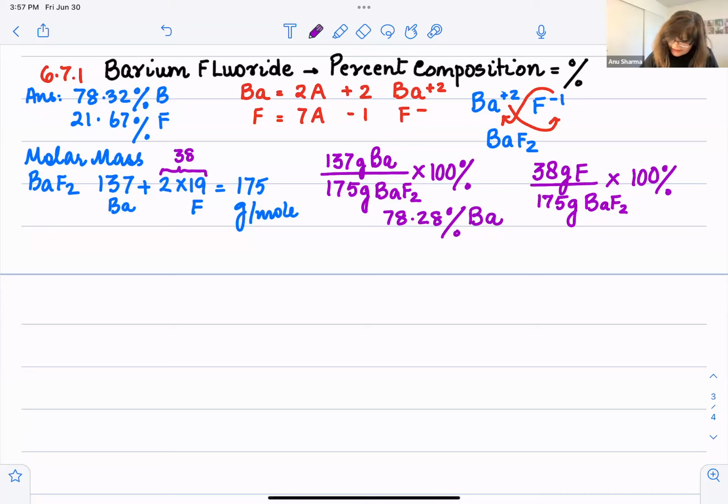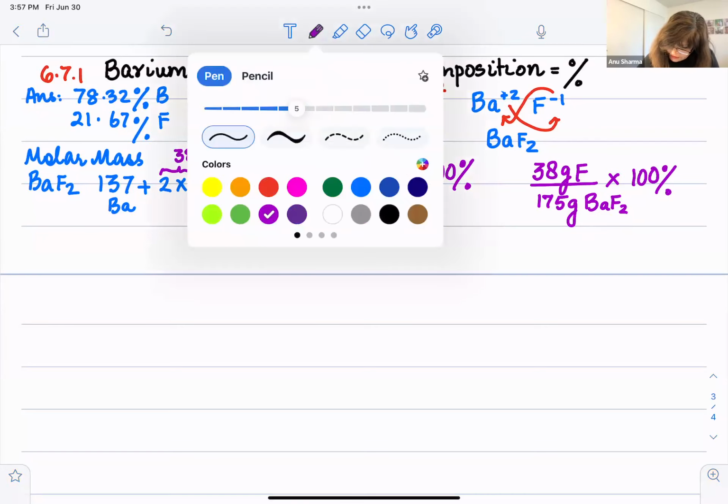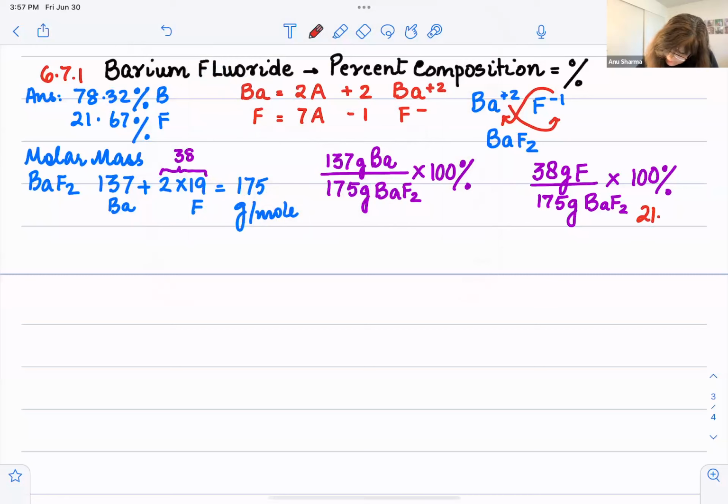And then the other one is 38 divided by 175 times 100%, and that gives you 21.71%. And that is the fluorine. And then this one was 78.28% barium.